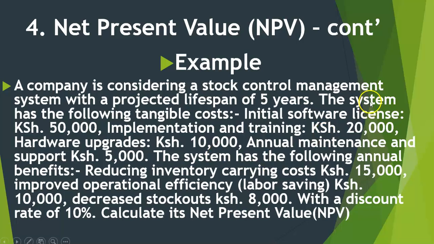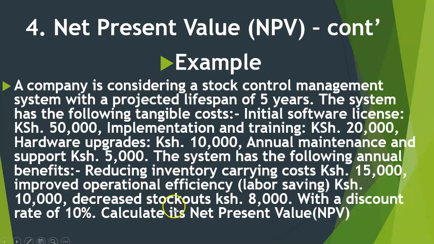We already know the initial investment that these people are using, and that is 105,000, whereas whatever they are going to get annually, you remember we had done it, it was 165,000.